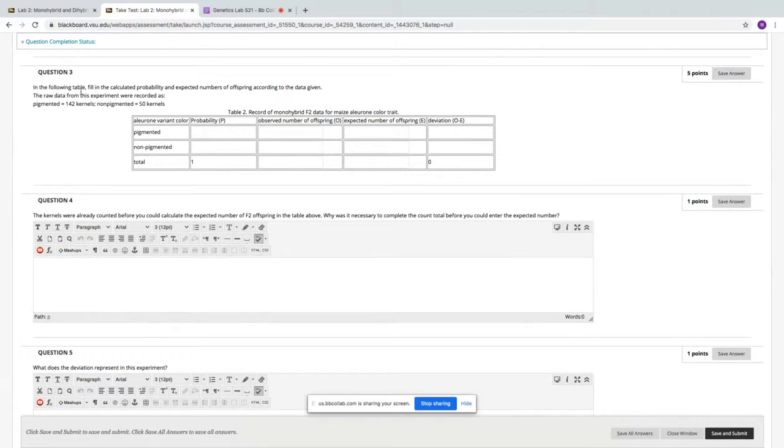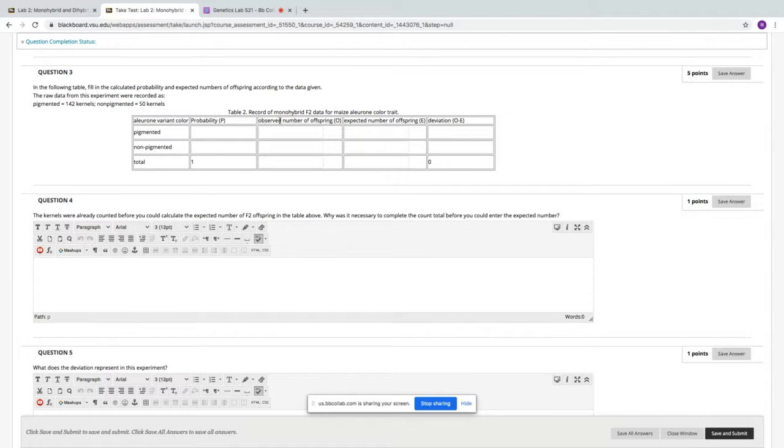Okay, question 3. In the following table, fill in calculated probability and expected numbers of offspring according to the data given. Raw data, pigmented 142, non-pigmented 50. So probability, observed number, expected number. Okay.